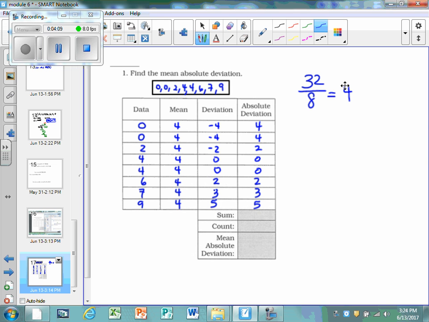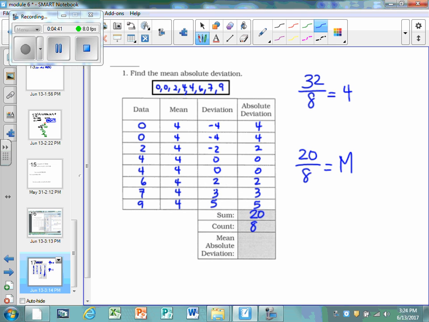So 4 plus 4 is 8, plus 2 is 10, 10 plus 2 is 12, 12 plus 3 is 15, 15 plus 5 is 20, so our sum is 20. 1, 2, 3, 4, 5, 6, 7, 8. Our count is 8. So now 20 divided by 8 is going to give us our mean absolute deviation.